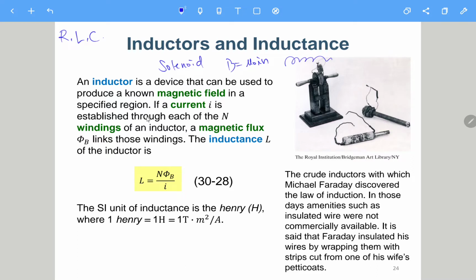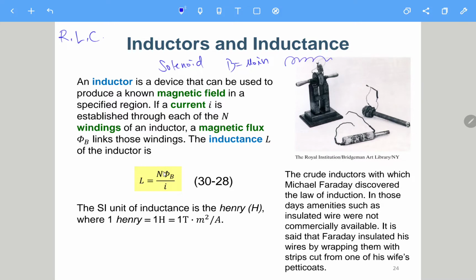Okay, so if a current I is established through each of the N windings of an inductor, a magnetic flux phi B links those windings. The inductance L of the inductor is this expression. So phi B is the magnetic flux for a single turn, and it is multiplied by capital N, which is the number of turns of the inductor.